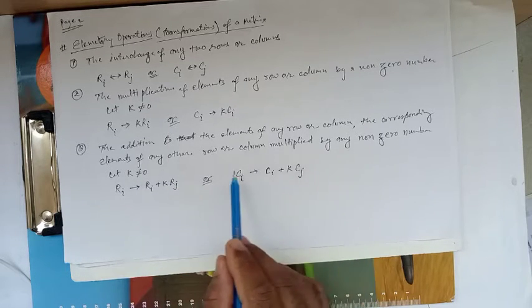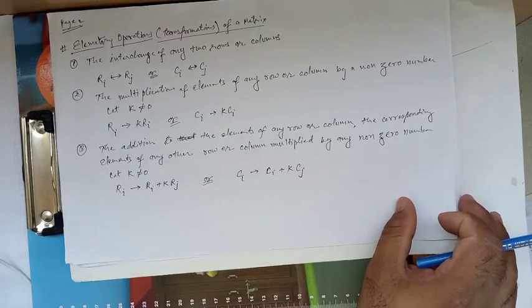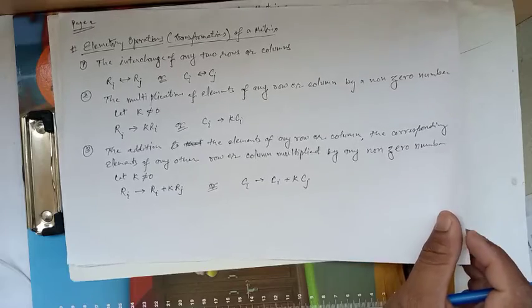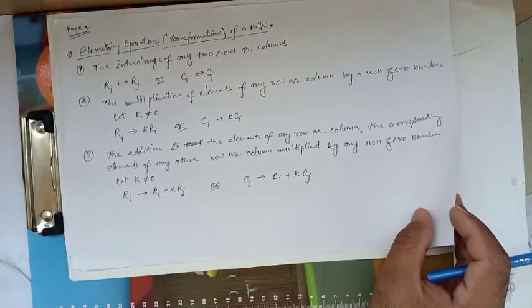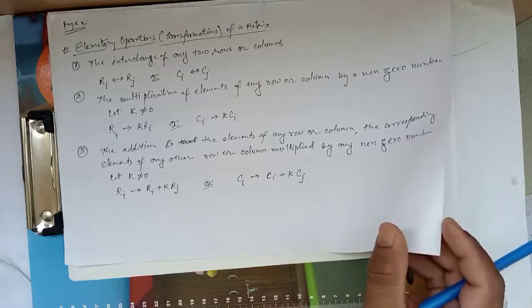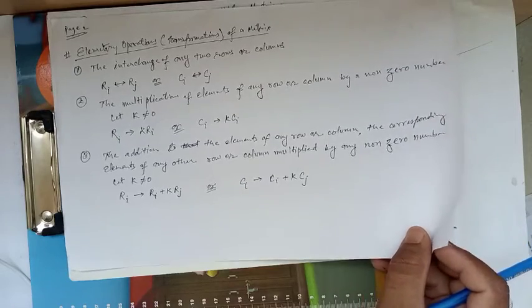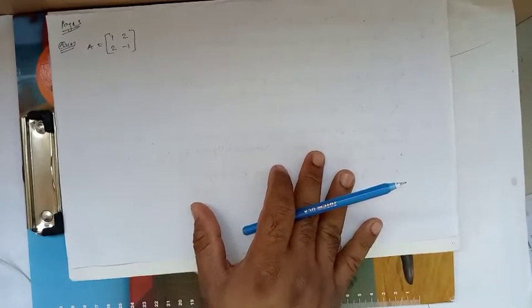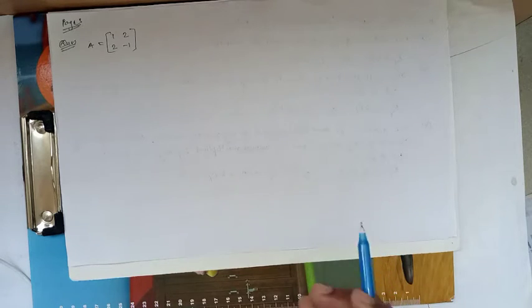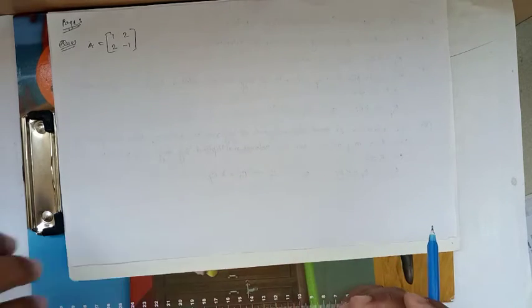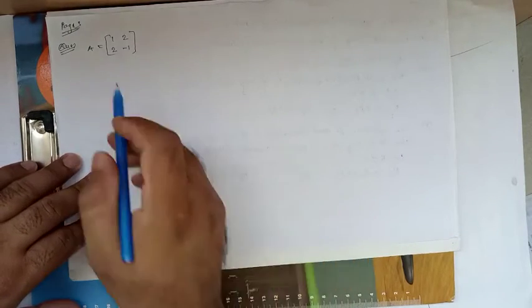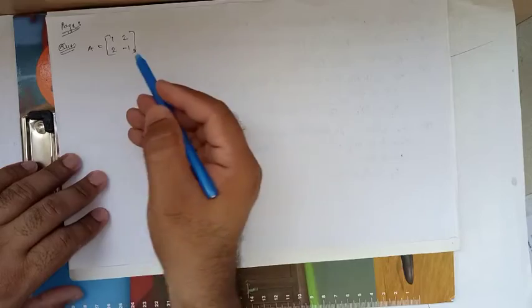We have studied these things in determinants also, but here we have a restriction: if we are starting with row operations, then the entire question has to be solved by row operations only, and if we start with columns, then we have to solve with column operations only. We cannot switch in between from row to column or column to row. It is not permissible.